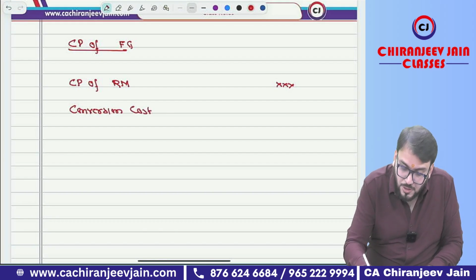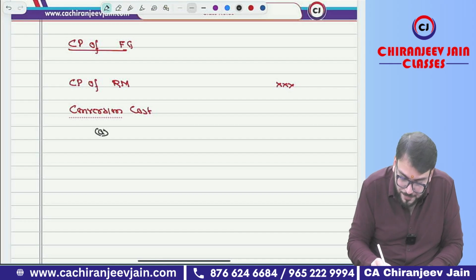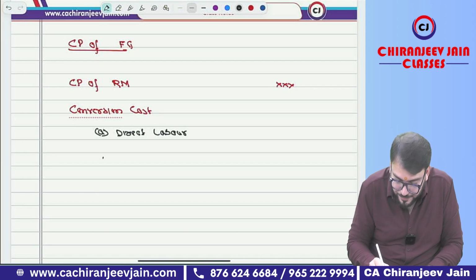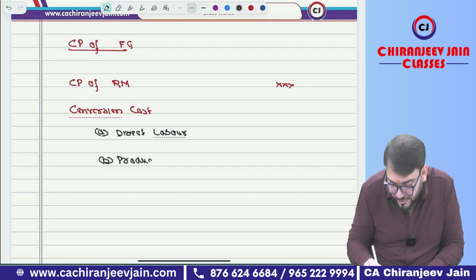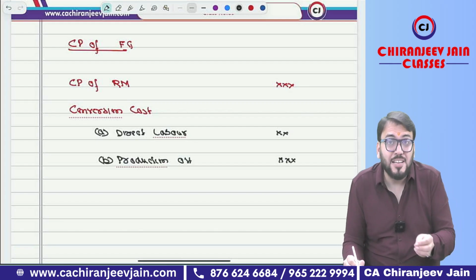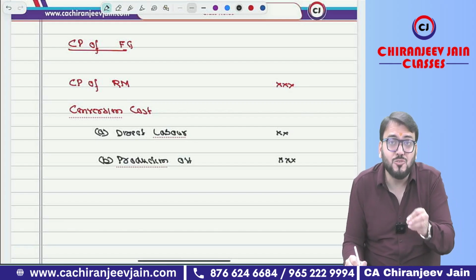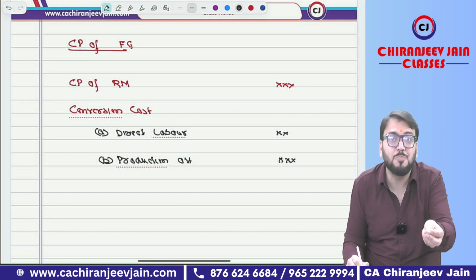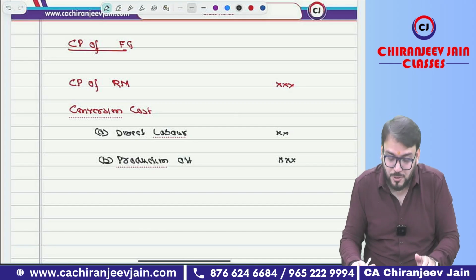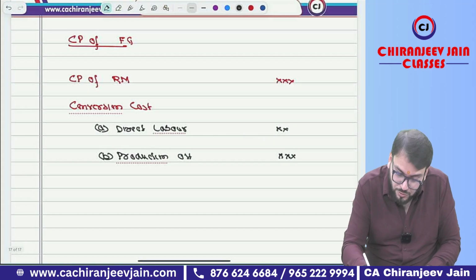Conversion cost consists of direct labor and production overhead. This will add, and once the production is completed, there will be some other cost to bring the inventory in condition of sale. For example, primary packaging. Without that, sale is not possible. So there are some other costs which will also be added.